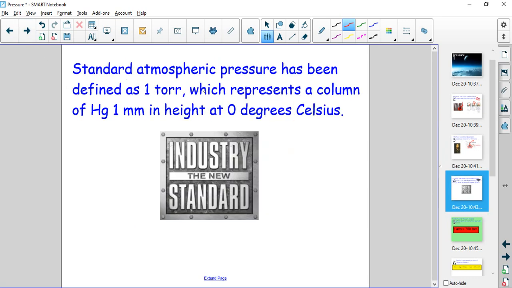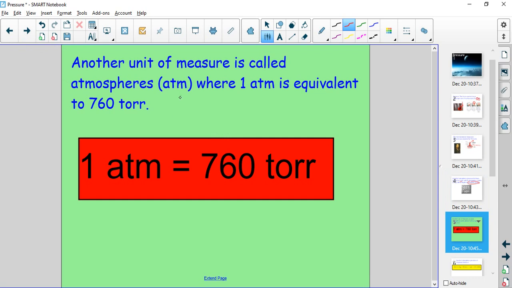Atmospheric pressure then started to be standardized later on, and 1 millimeter of mercury is defined as 1 torr, after Torricelli, at 0 degrees Celsius. This is the conversion. As we add on different units, 1 atmosphere, one of Earth's atmospheres, is equal to 760 torr, and each torr is 1 millimeter of mercury.